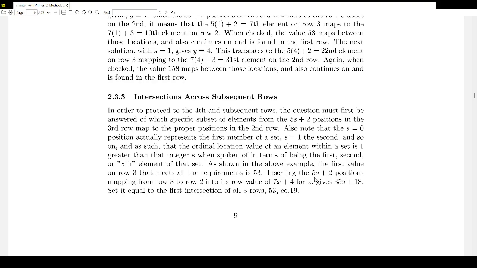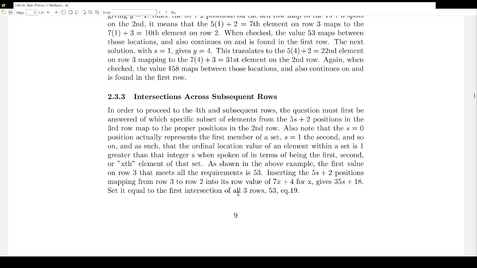If you literally plug that in, you'd get 7 times 5s plus 2, which is 35s plus 14, plus 4, which gives 35s plus 18. So inserting those 5s plus 2 positions mapping from row 3 to row 2 into the row value of 7x plus 4 for x gives 35s plus 18.